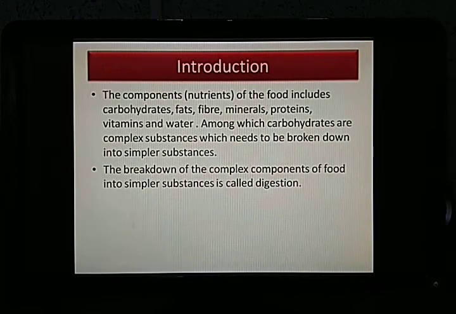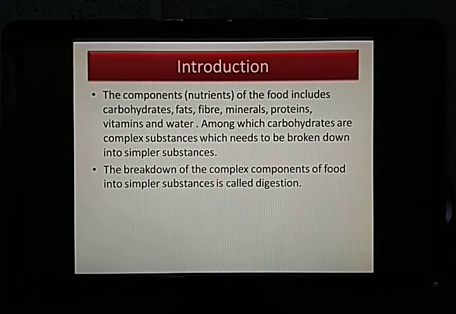We have to digest our food. Only then the food is meaningful, or the food will give those nutrients which are essential for the body. If we take in the food and don't digest it, that food is not beneficial to the body. You have to digest it properly. Only then the essential nutrients can be absorbed by the body.